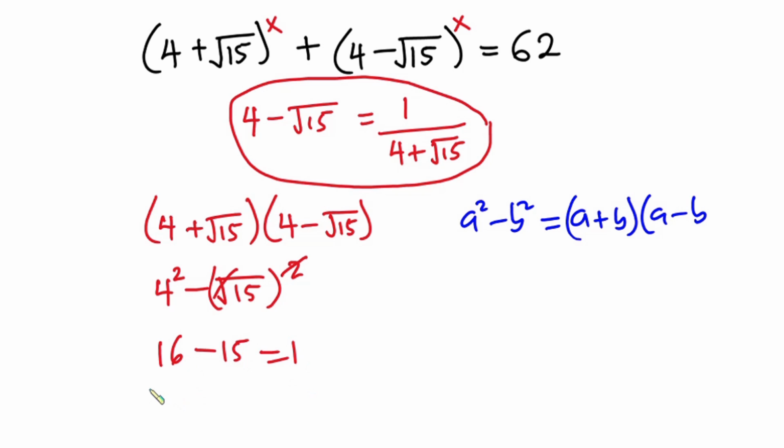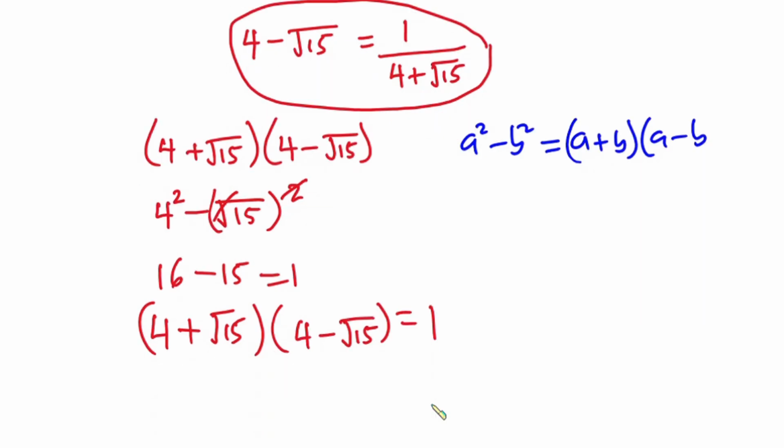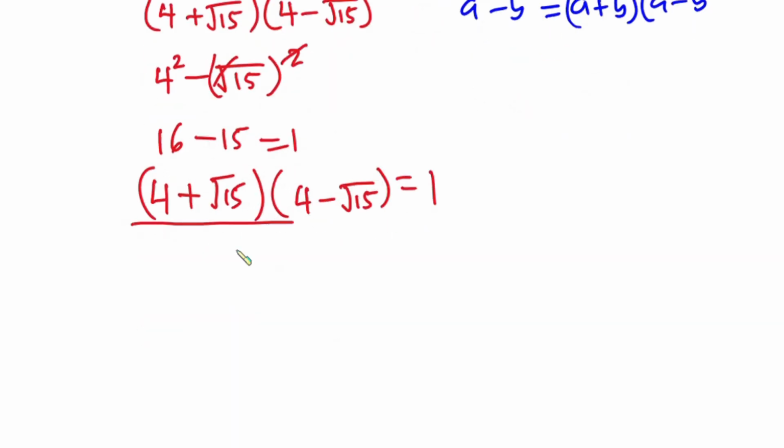Now we can say that (4 + √15) times (4 − √15) is equal to 1. Now let's divide each side by 4 + √15, so that this cancels this.